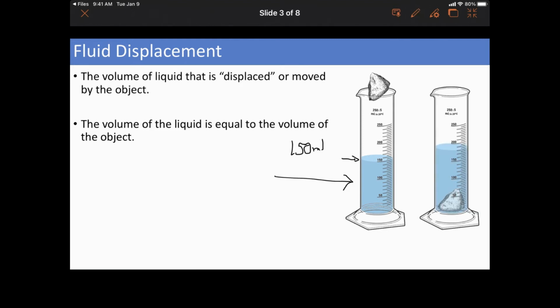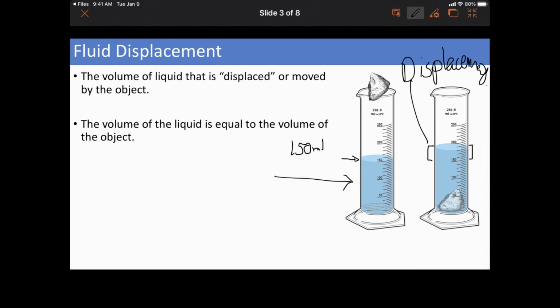And when you drop it in, the water rises. This is the displacement. So the rock displaced that much water.